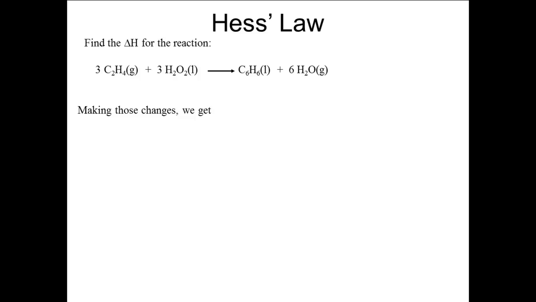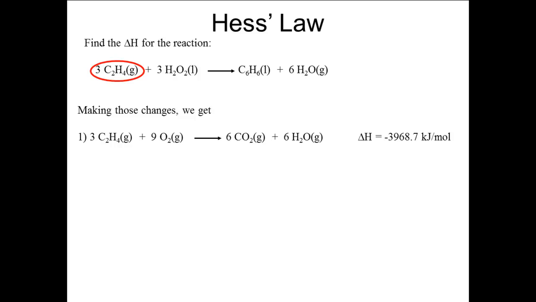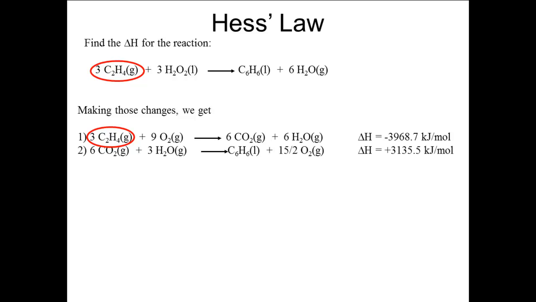Making those changes, we get, note that we have 3 C2H4 gas on the left in the reaction we want to make, and 3 C2H4 gas on the left in the changed reaction 1. C6H6 liquid in reaction 2 now matches where it is and how much we have in the reaction we want, with 1 in the products in each place.